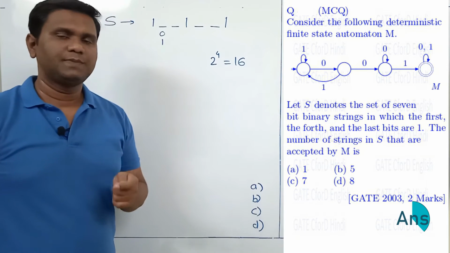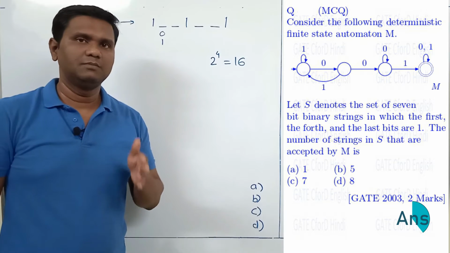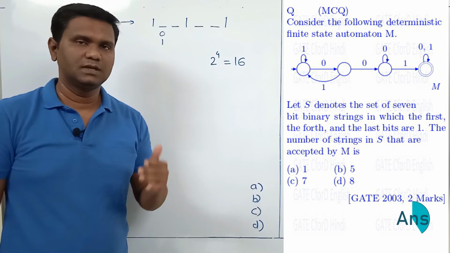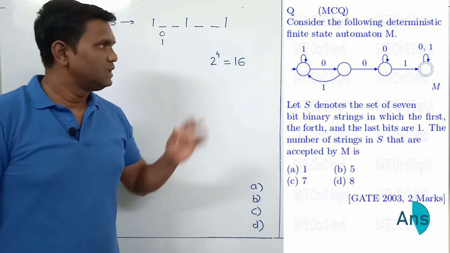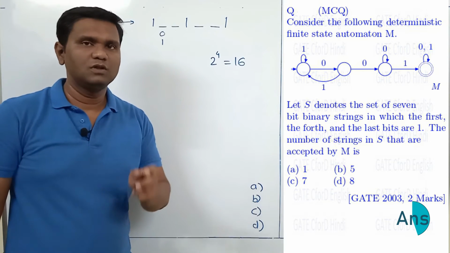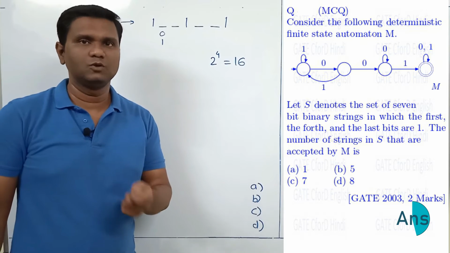But if a student has practiced problems like W starts with, W ends with, W contains substring, then the student will understand that the given DFA accepts all strings which contain substring 001.